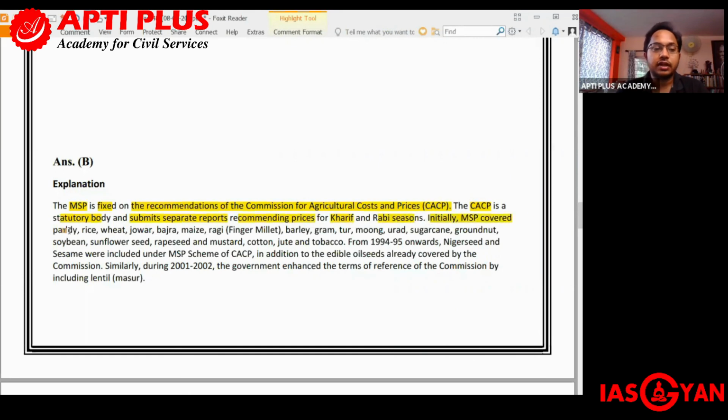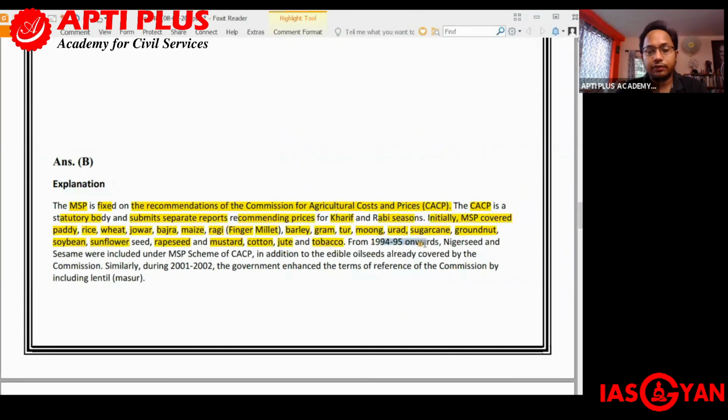Initially, MSP covered paddy, rice, wheat, jowar, bajra, maize, ragi, that is finger millet, barley, gram, tur, moong, urad, sugarcane, groundnut, soybean, sunflower seed, rapeseed, mustard, cotton, jute, and tobacco.